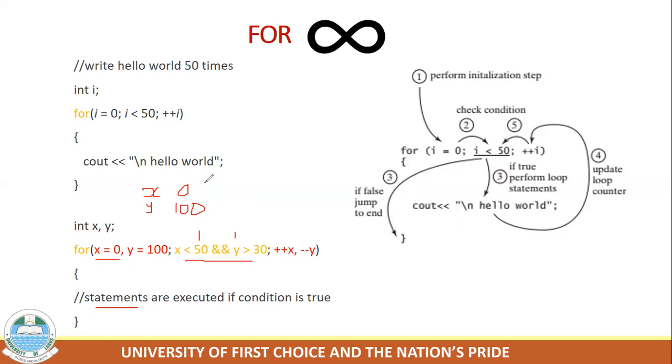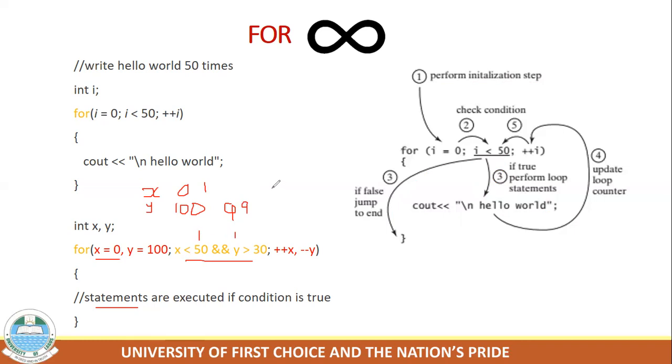So then x becomes 1, y becomes 99. It asks again, is 1 less than 50? That is true. Is 99 greater than 30? That is true. It executes again. So that's how it executes up to now.